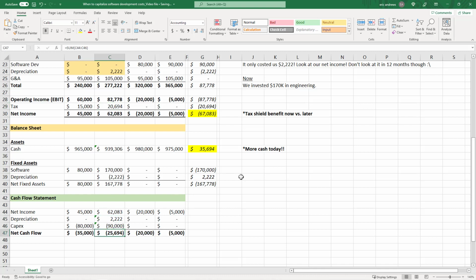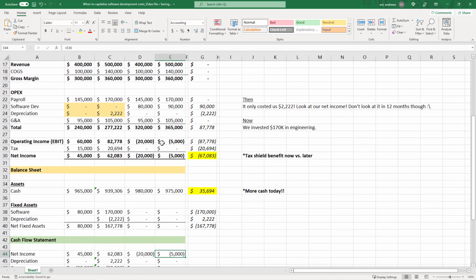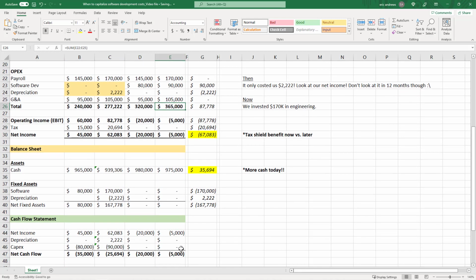And so $25,000 goes out of the business, where in this situation, you only have $5,000 going out of the business because from a cash perspective, you only lost $5,000 and you didn't have to pay for this taxable event.